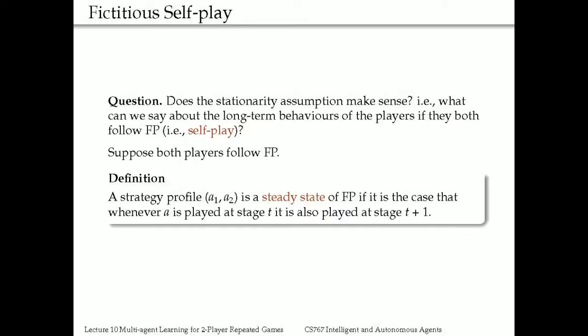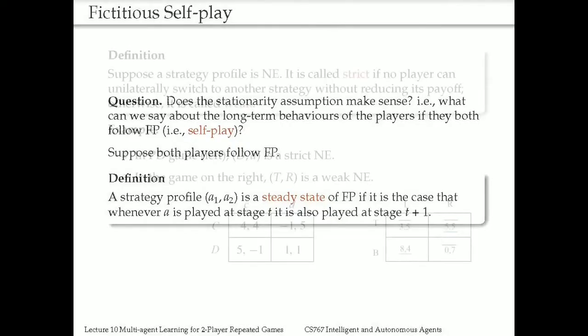And we are actually interested in what are the steady states of the game if the players are playing this self-play in FP, right? And we can theoretically come up with a characterization of this, or at least partial characterization of this, but we'll need to introduce some key concepts.